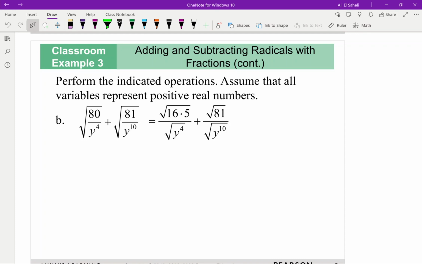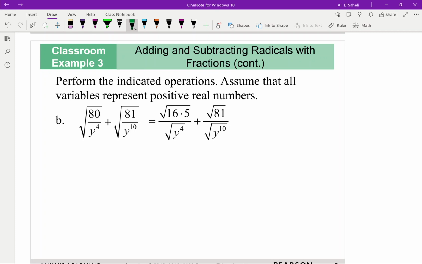Perform indicated operations. Assume that all variables represent positive real numbers. Again, you have this. So we start with the first one. Again, we have a square root. Okay. 80 is 5 times 16.